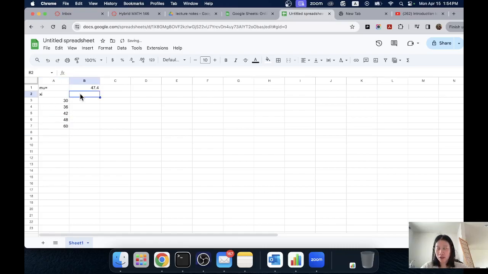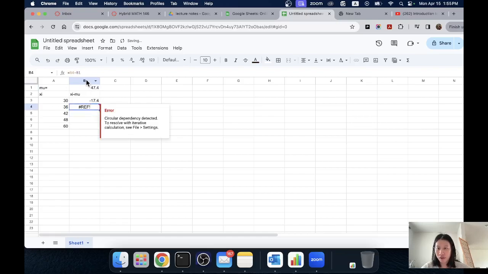And then the first step is you want to use each x to subtract the mu. So we use the function to calculate for us, which is equal to 30 subtract 47.4. You can type in 47.4, or I would use the mu cell. That means if I change the mu, the whole function will automatically change for me. And then the next one also use this one, subtract B1. See, they already indicated for you.